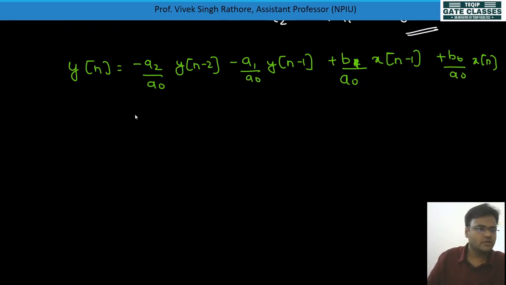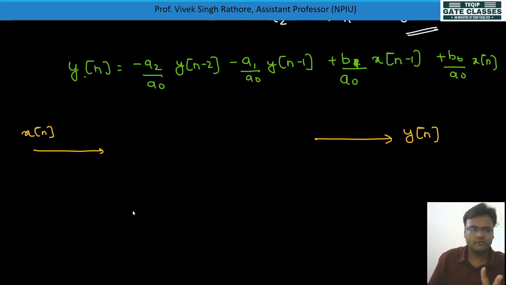So y of n is the output, so we'll make it like this, and here x of n is the input. Now only in between we need to make the impulse response. So how will we make it? See, y of n is the combination of all these things, no? x of n is directly sent to the output with multiplication of this coefficient.